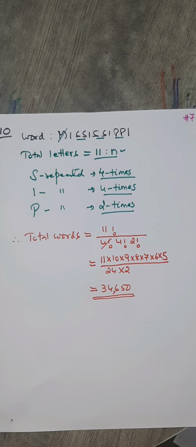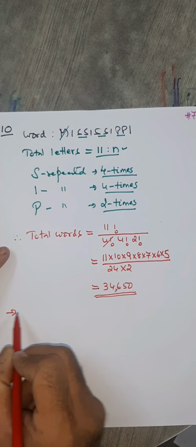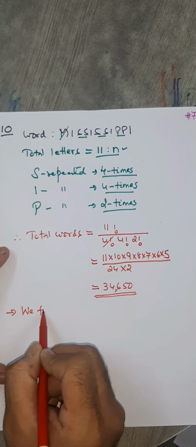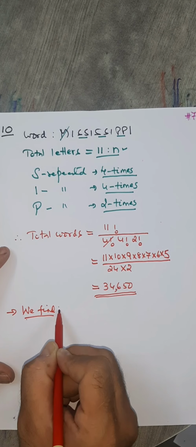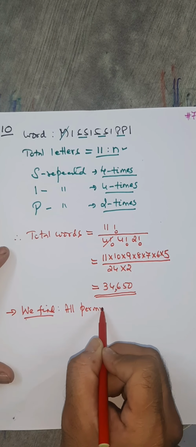Minus, we'll get all permutations in which I come together. तो देखो now what I'll do, we'll find all permutations. Permutations means arrangement.